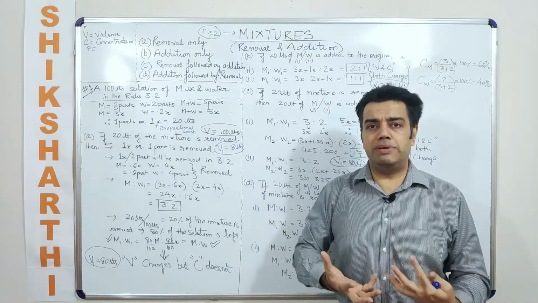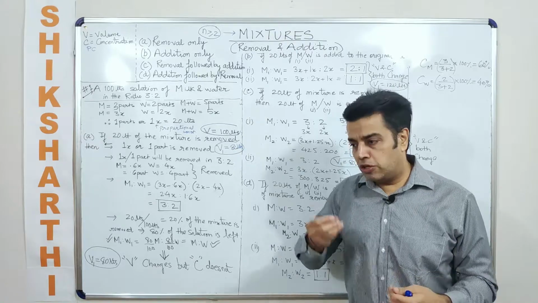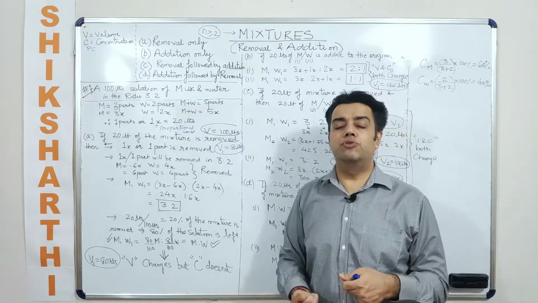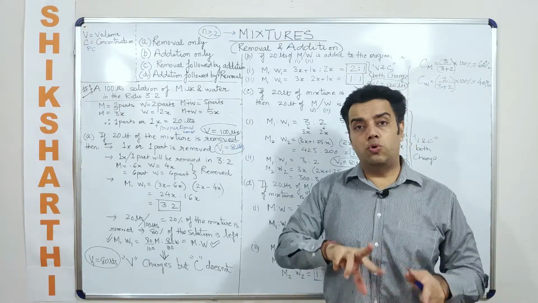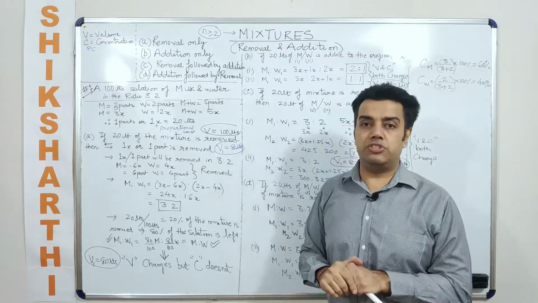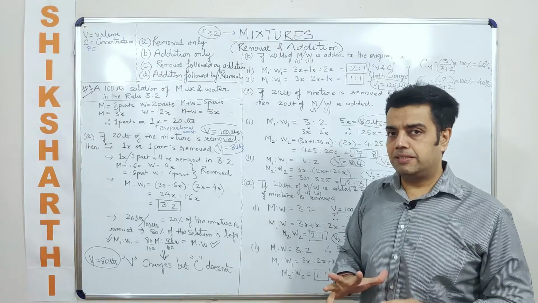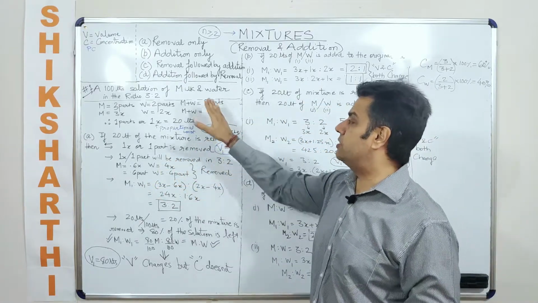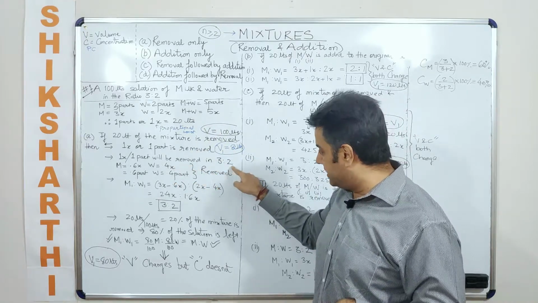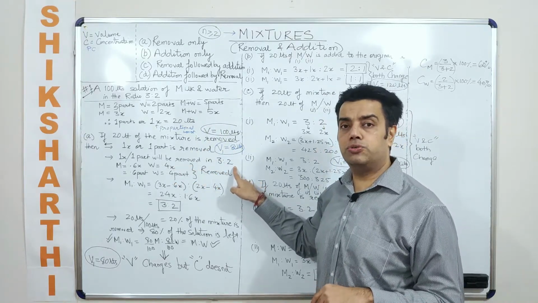How much would be left now? 80 ml. Now that 20 ml which has been removed will be removed in the same ratio in which the cola and the water were originally present. If yes, then I need to apply the same logic here. Here the 20 liters of mixture which has been removed will be removed in the same ratio, which is 3:2.